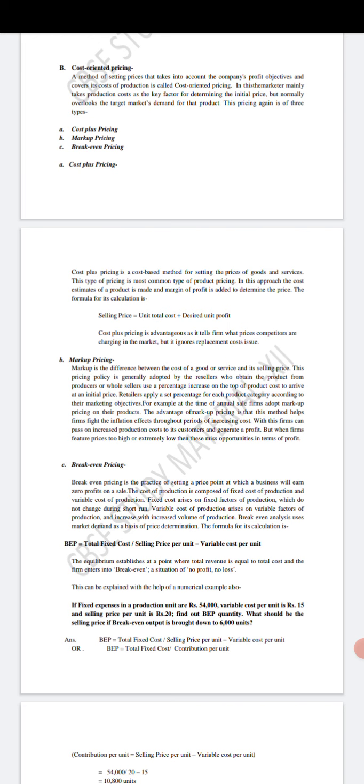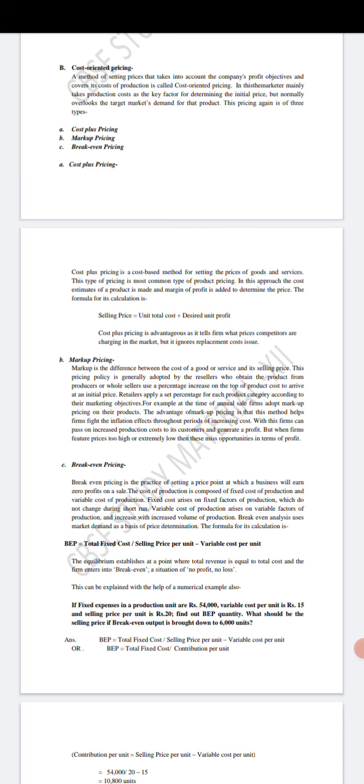It means the extra which we earn after finding the difference between price and cost is the markup. So this price policy is generally adopted by resellers who obtain the product from production, or wholesalers who use a percentage increase on top of product cost to arrive at an initial price. It's a simple method. Resellers usually use this method.